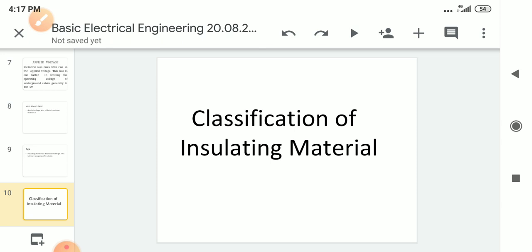The rating of an electrical apparatus depends only on the temperature up to which the insulation can remain stable in its insulation properties. Different insulation materials have different temperature limits. Hence, the insulation materials are classified into different classes on the basis of their operating voltage.